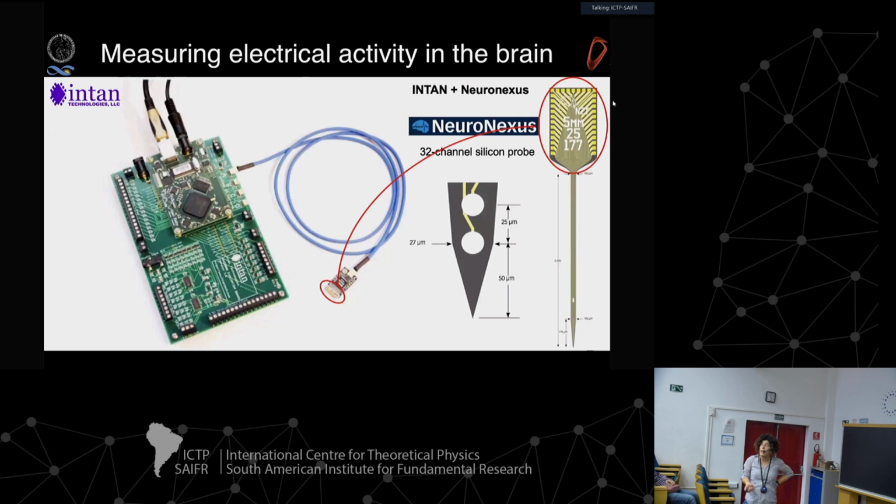So if you have that kind of money, you just plug in, so this is the amplifier, sorry. The thing with recording neurons is that these are very small potentials, okay? So you need to amplify your signal, and you work in a Faraday cage. You know what a Faraday cage is? It's this guy Faraday who invented this cage.